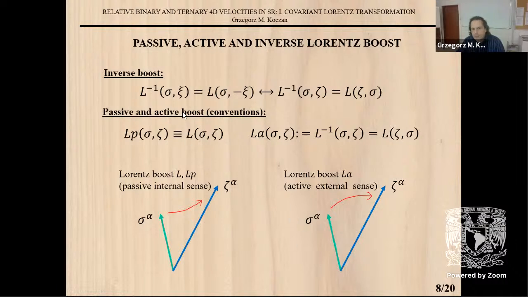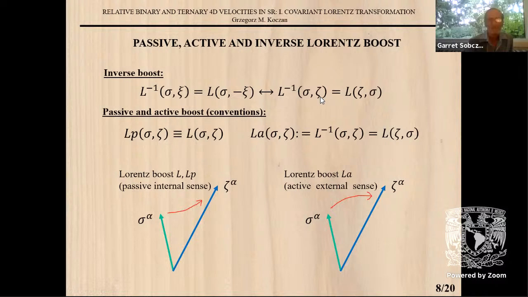Of course, an inverted boost exists in the language of the psi vector. The inverted boost is easy. It equals minus psi. But if we use another parameterization for two time-like vectors, the inverse boost is replaced with the vectors swapped, sigma zeta to zeta sigma.